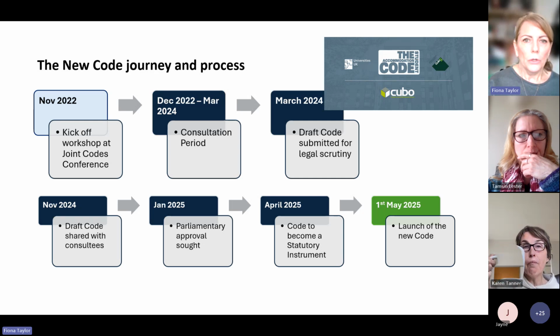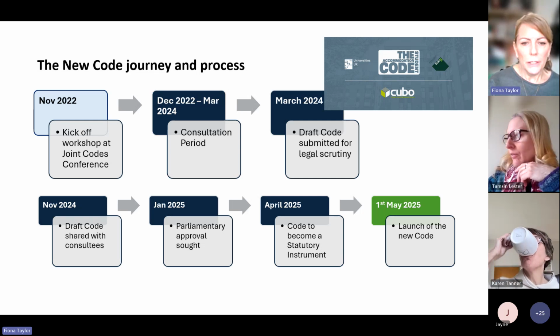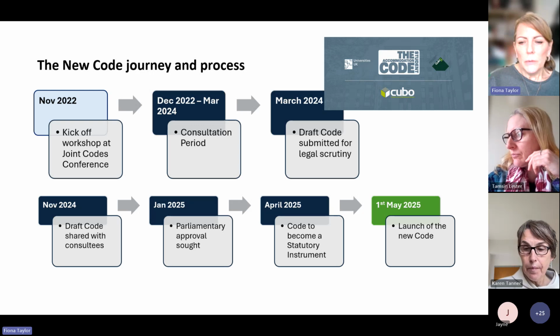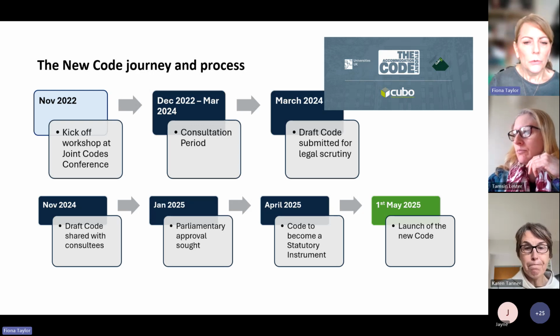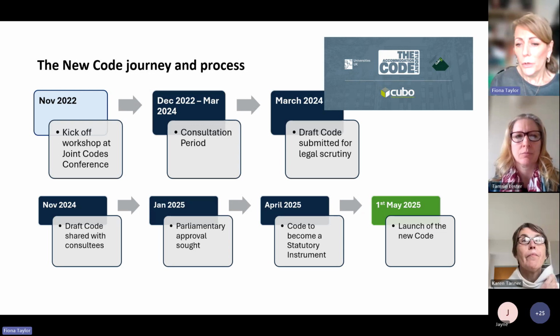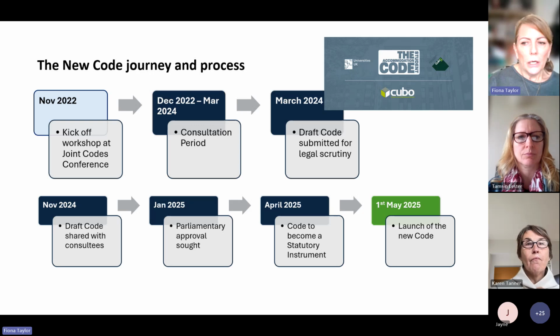It's actually on a flipping book, so you can view it online. And we're currently going through the parliamentary approval process. Our launch date, as some of you may know, is the 1st of May. So we're in communication with government to make sure that goes through, ready for that deadline.